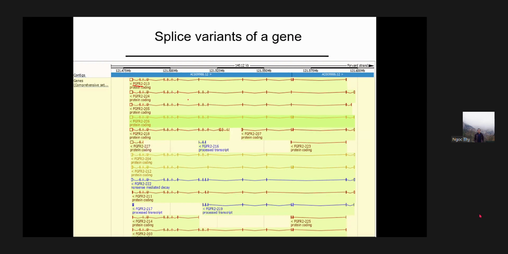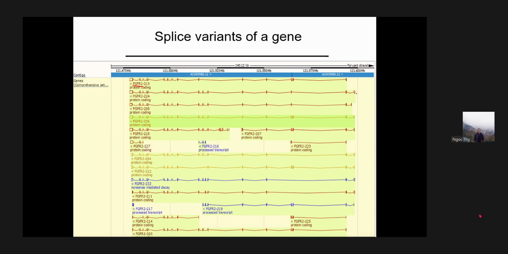But anyway, you see that this is another really big gene, including many different exons. The first exon in here is actually the 3' UTR.